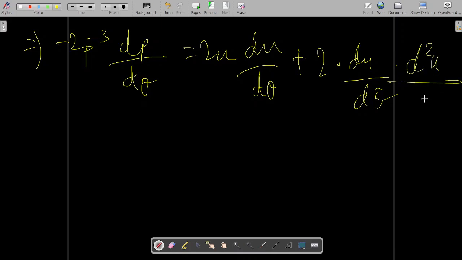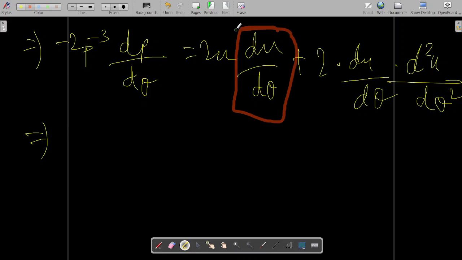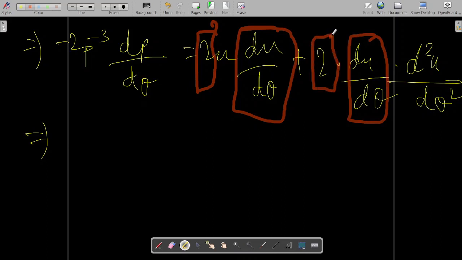Then the next step, put du by d theta common, and 2 also take it common.